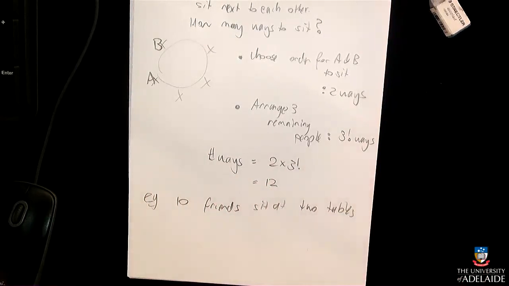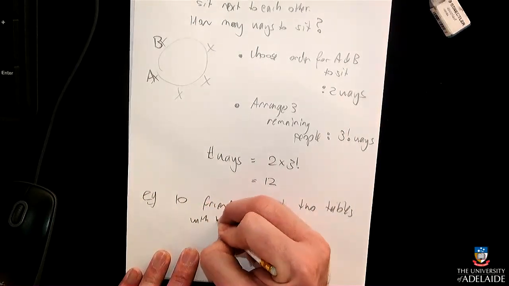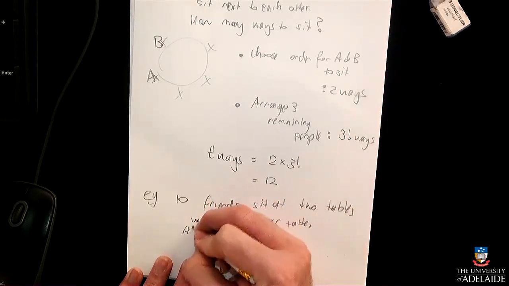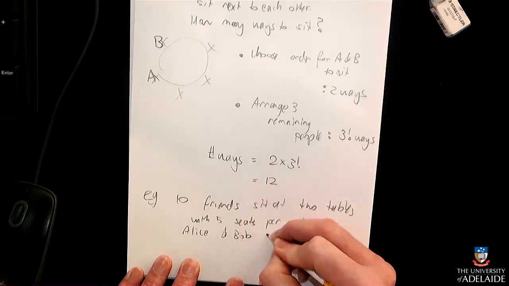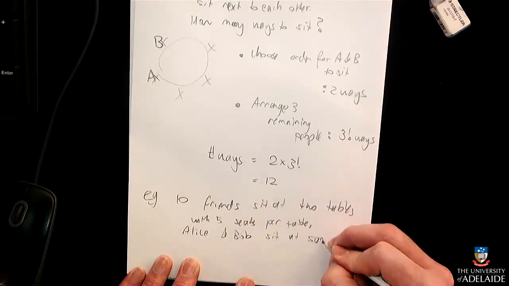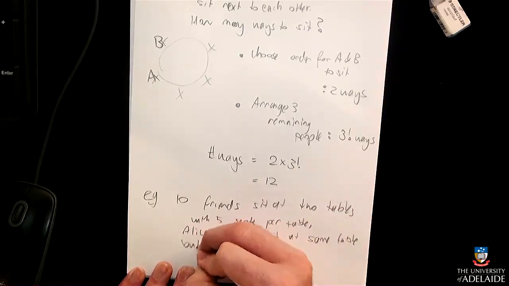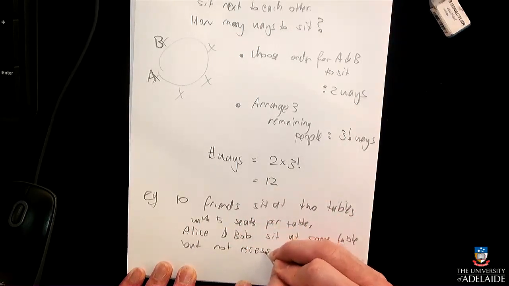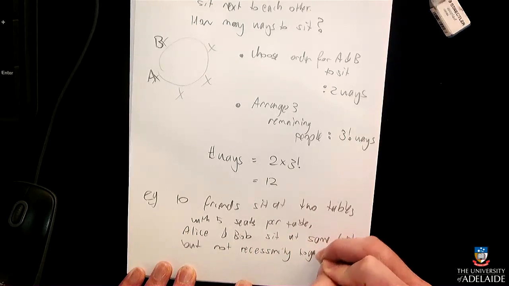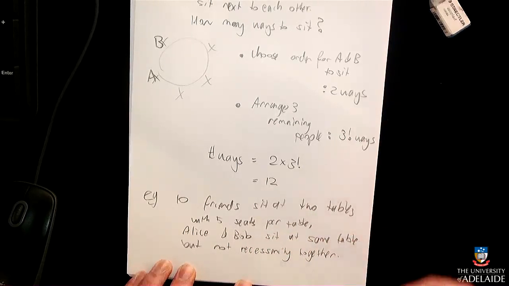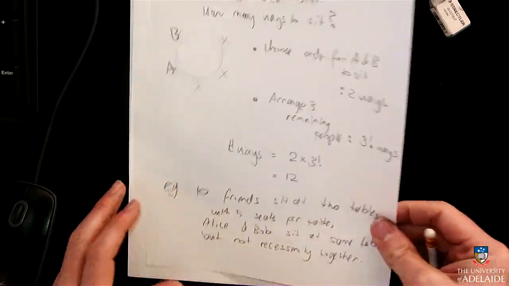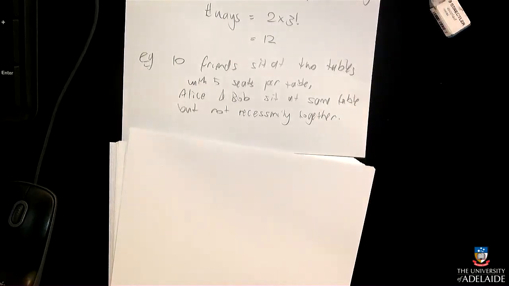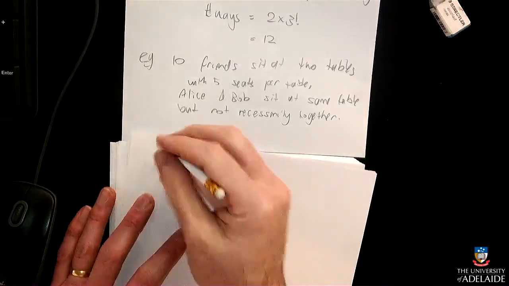10 friends sit at 2 tables. Alice and Bob sit at the same table, but not necessarily together. Okay, now let's see how many ways there are. Just a second.